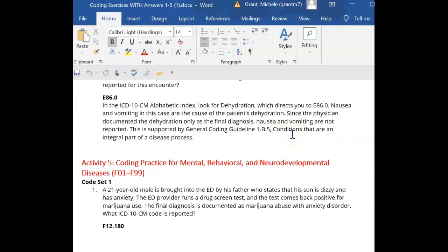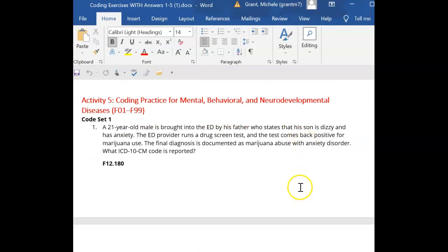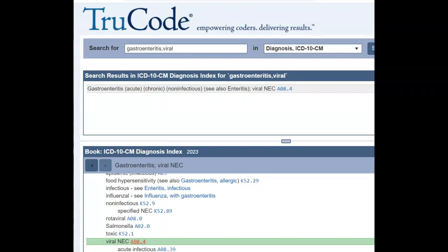All right, so let's move on here to activity 5, mental, behavioral, neurodevelopmental disease. This one here, the emergency room provider did do a drug test, and it came back positive.